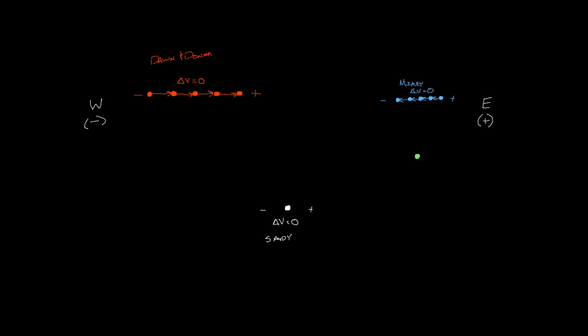So he's moving faster than Donna. So that's maybe a little farther apart. There you go. Perfect. And then we have the arrows in between them.